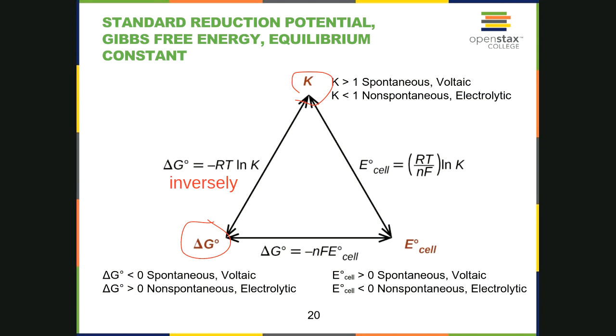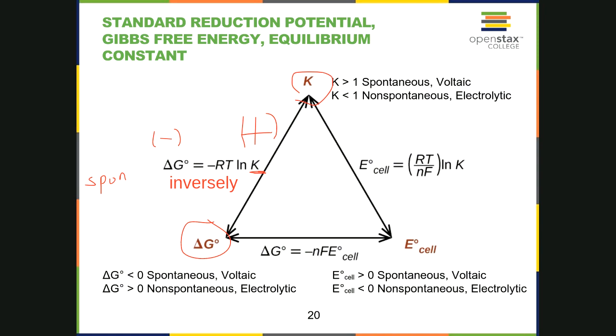That is, to get a negative Gibbs free energy, and therefore making it spontaneous, we would want to have a very big and positive value for the equilibrium constant.